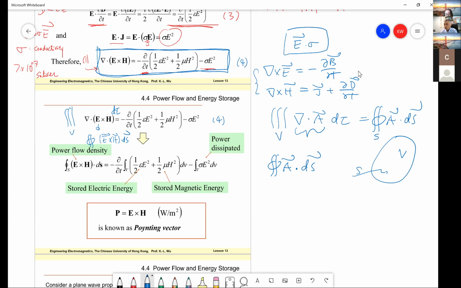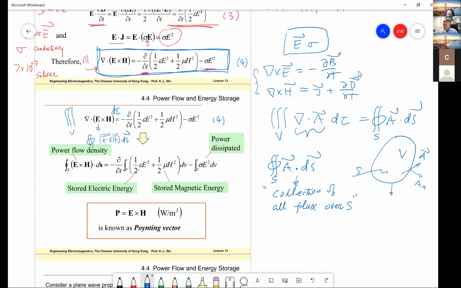What does this mean? This means a collection of all flux over S.